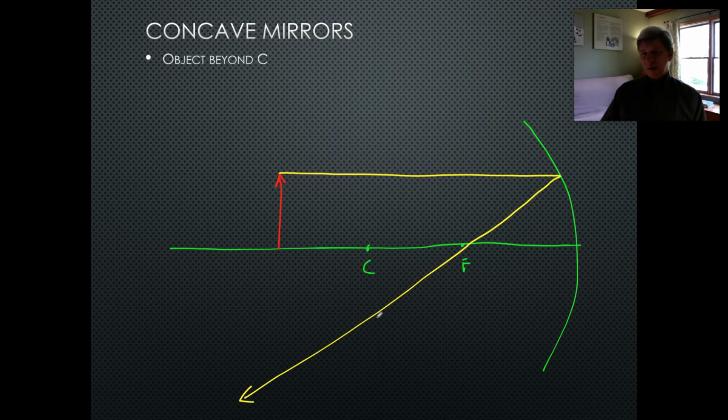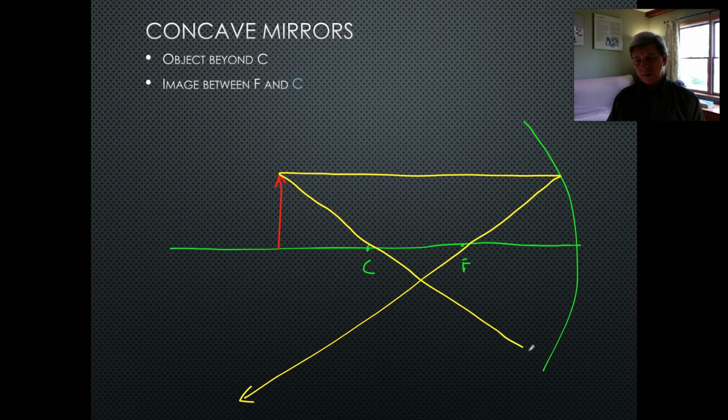Now, for the next one, in this case, I'm going to send the ray of light through the center of curvature, because if I do this, it's going to hit the mirror at a point where the ray actually is right on the normal line. So if the ray is going this way, the reflected ray will go this way.